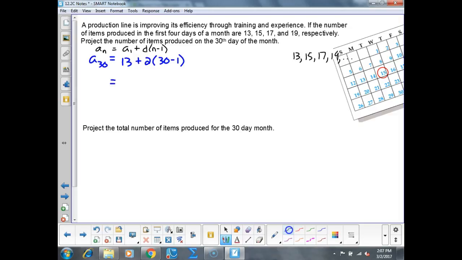So that's 13 plus 29 times 2, which is 58. 13 plus 58 is 71. So there are 71 items, really jumping up the efficiency in that factory.